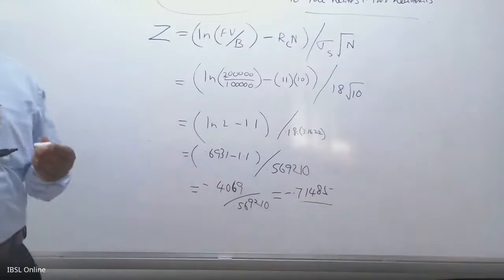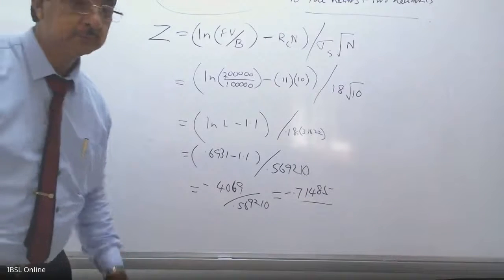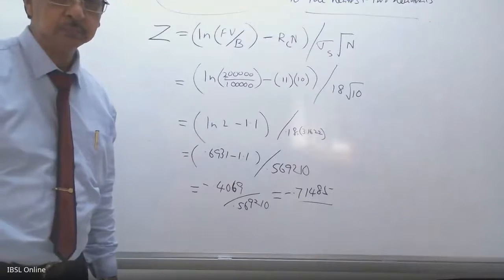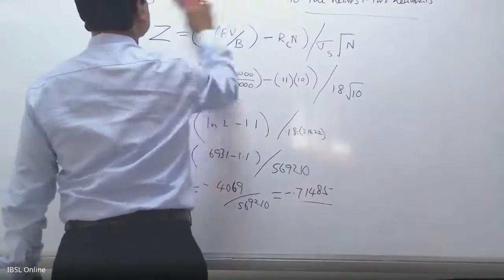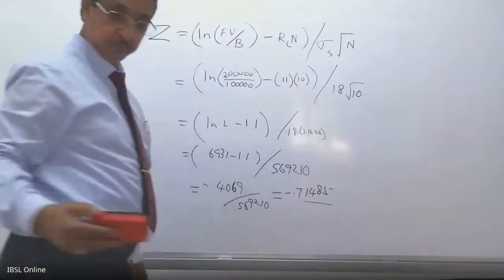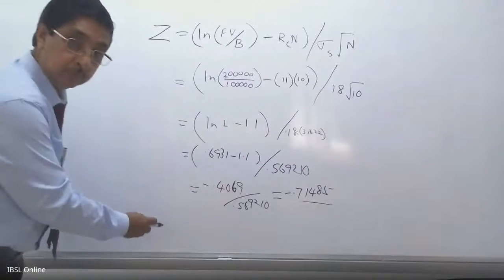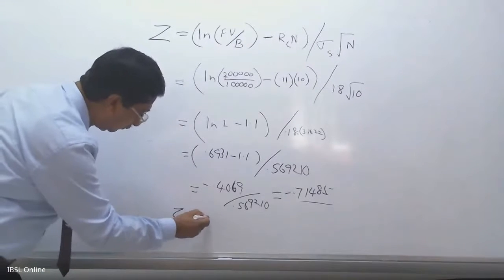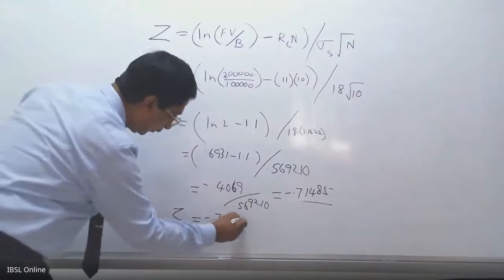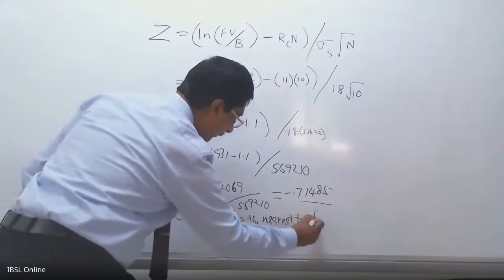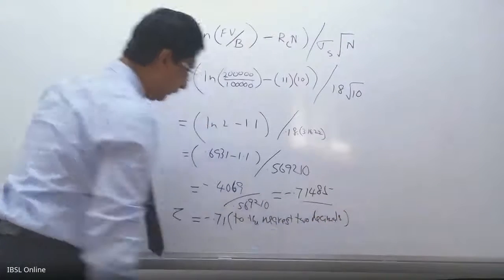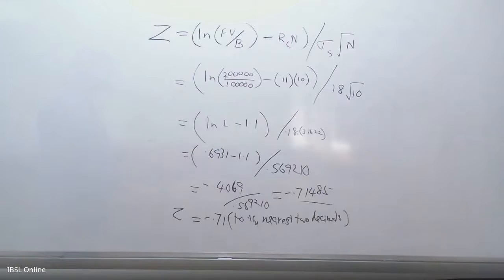To the nearest 2 decimals, you get the answer minus 0.71. Now, are you okay with that?